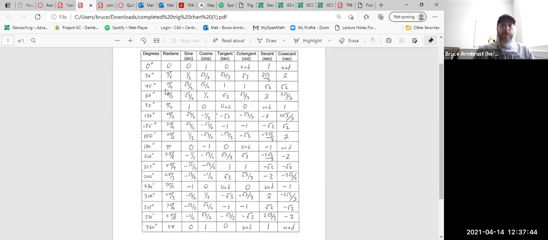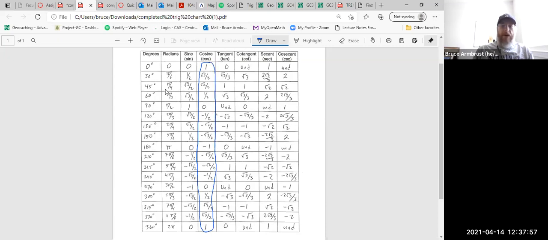Since we're thinking about cosine, we just need to remember that we're looking at this column right here. Really this column came from the x coordinates of the point on the unit circle.